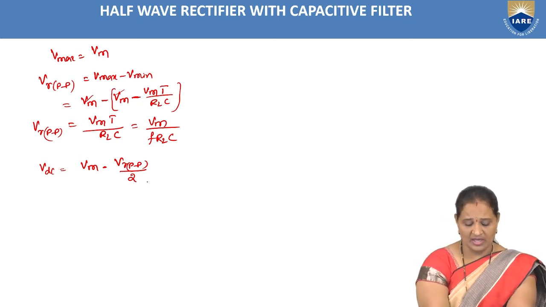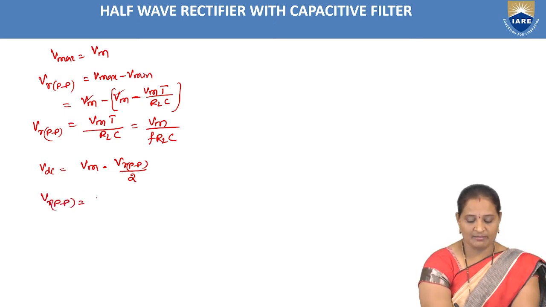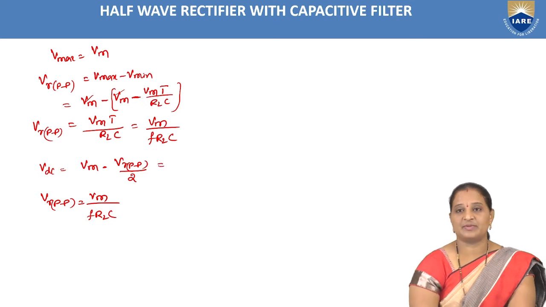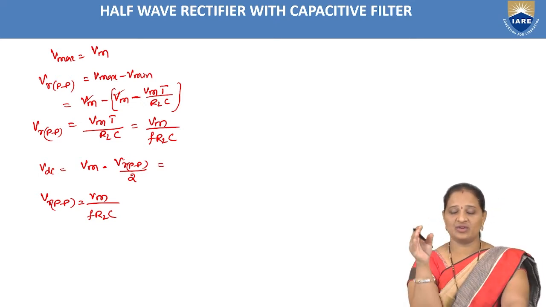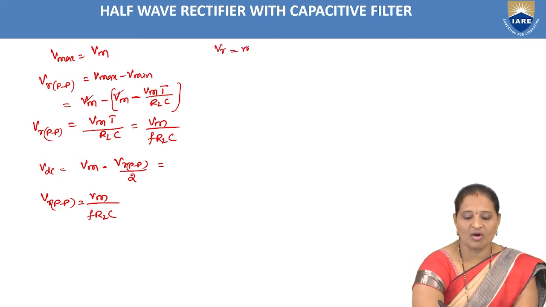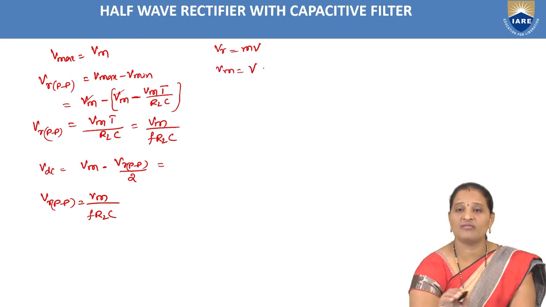So now here we already found that VR peak to peak is given by Vm by F into RL into C. From this expression, always remember that as we are using a filter, the ripple voltage will be of the order of millivolts, whereas Vmax will be of the order of volts.